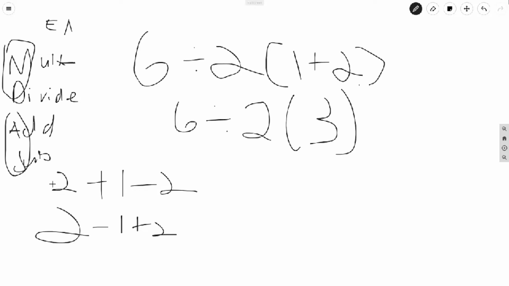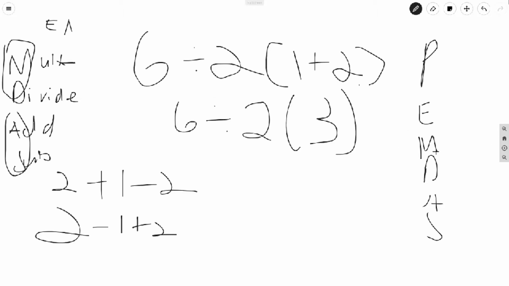So you do 6 divided by 2 times 3 in order. Just because multiply comes first in PEMDAS doesn't mean you do multiplication first.